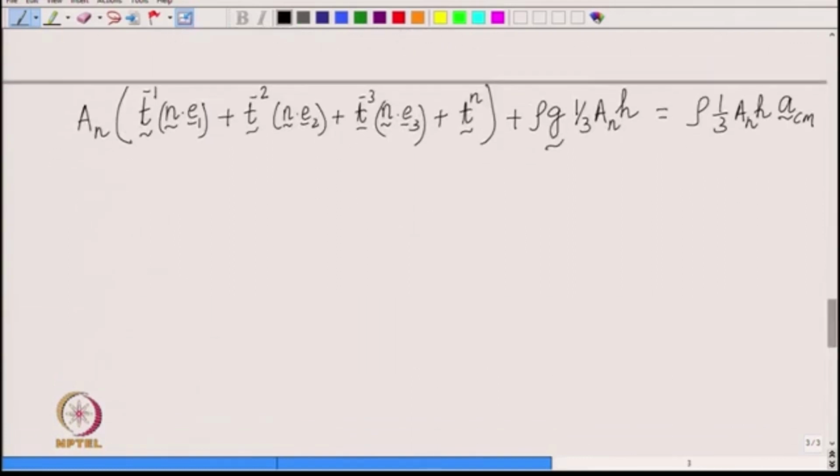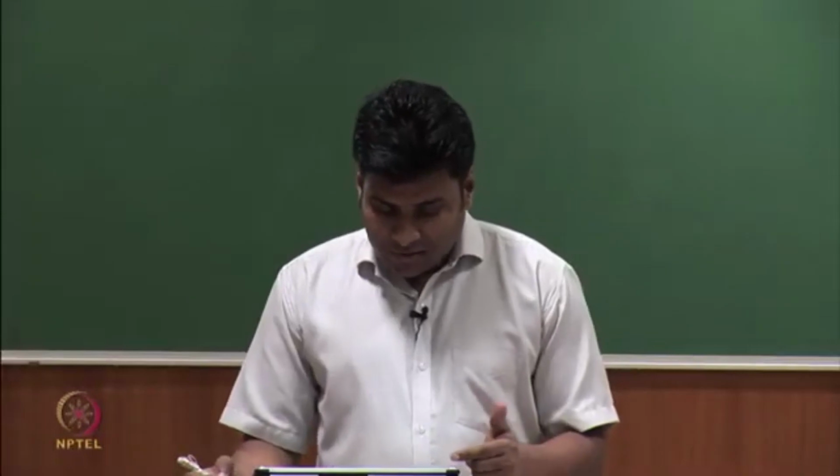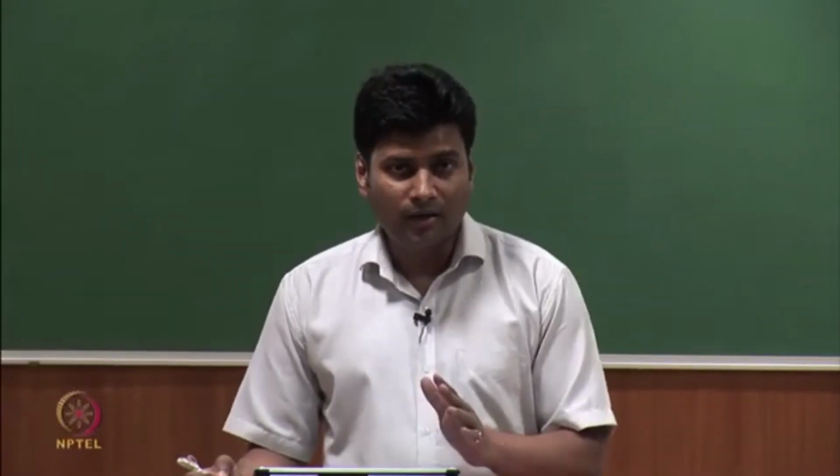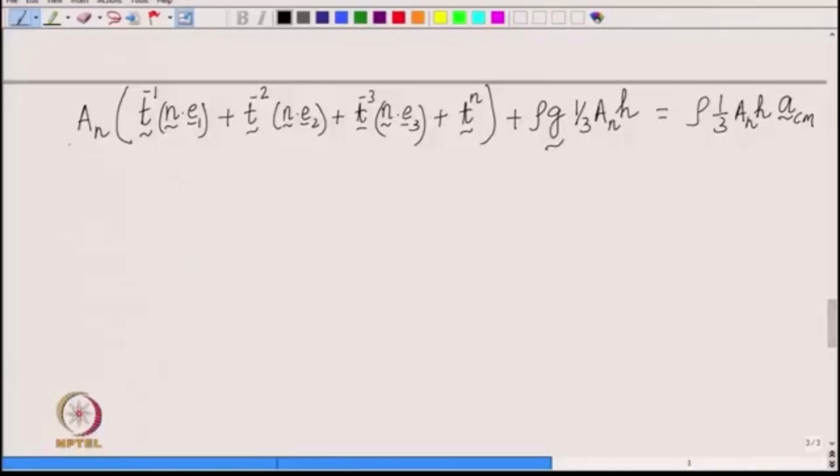All right, very good. So, we have this formula with us, and you can see A n is common everywhere. So, we can divide by A n, we can cross A n everywhere, and let us try to now rewrite this formula.